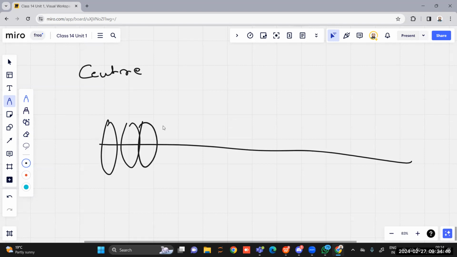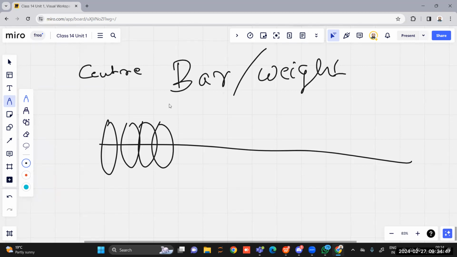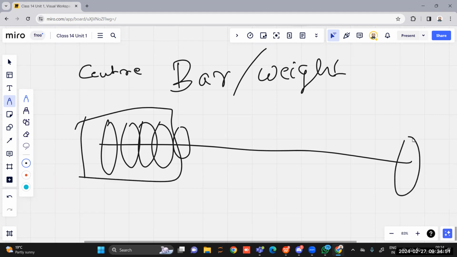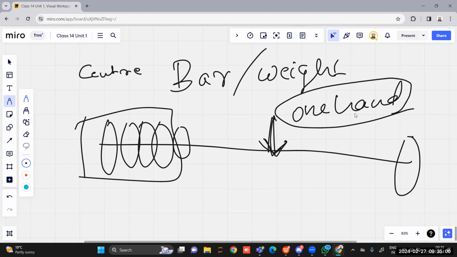If I put three to four weights on one end of a weight bar and only one weight on the other end, will it be possible to pick up the bar from the center with one hand?